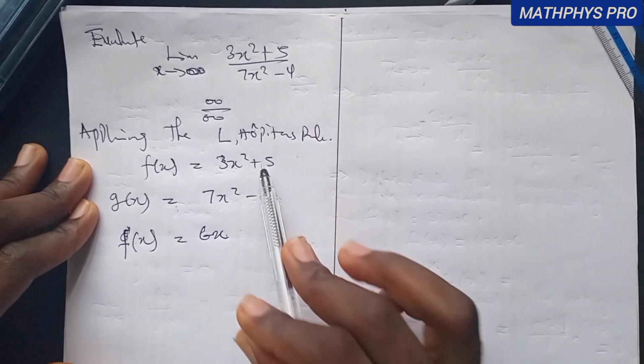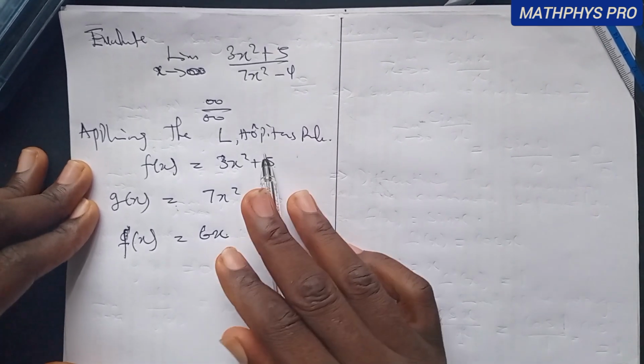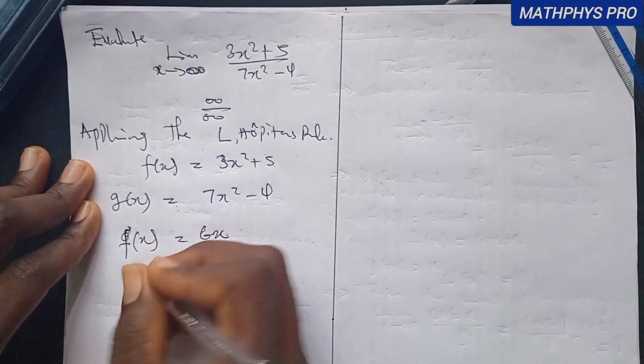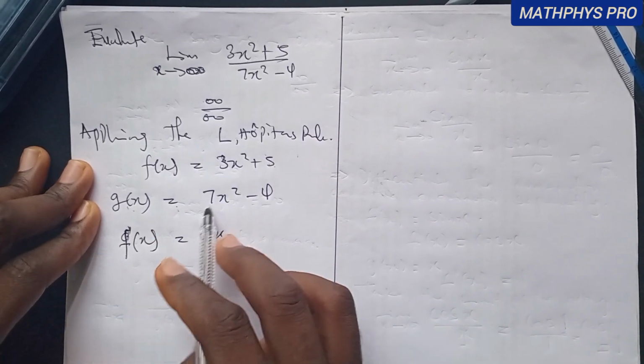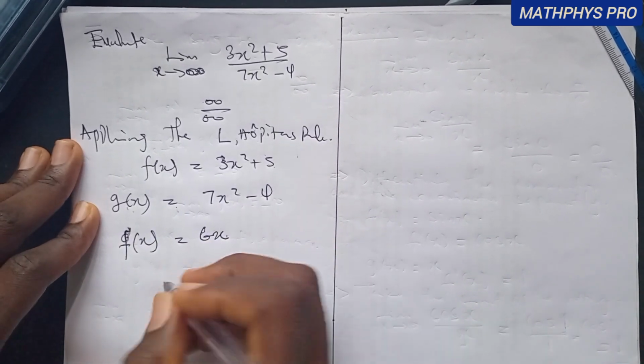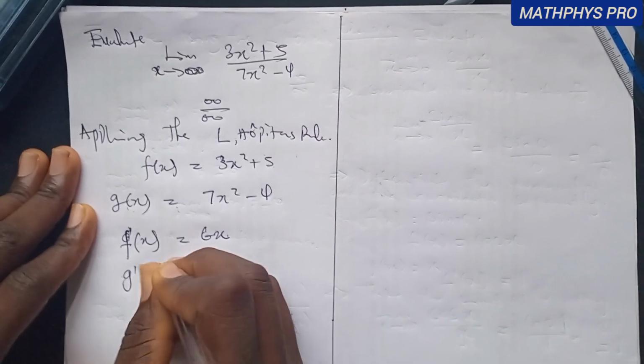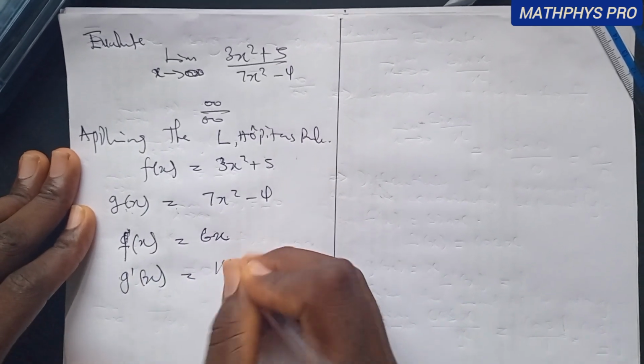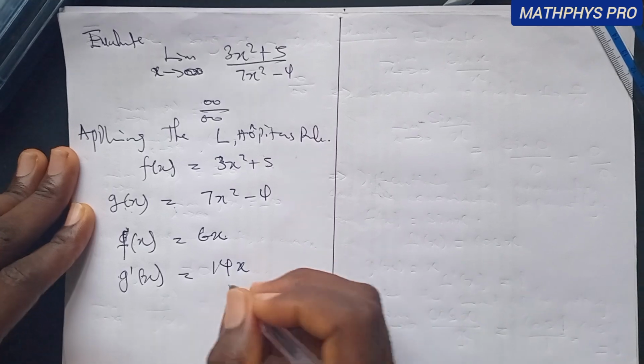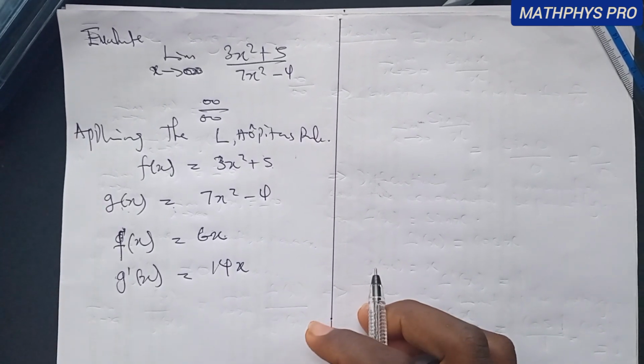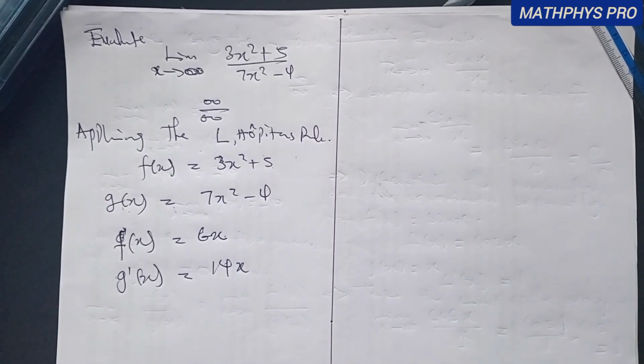Differentiate plus 5 is what? 0. If you differentiate a constant, it is 0. Now if we differentiate g of x, which is equal to 7x squared minus 4, we say g prime of x is equal to 14x.